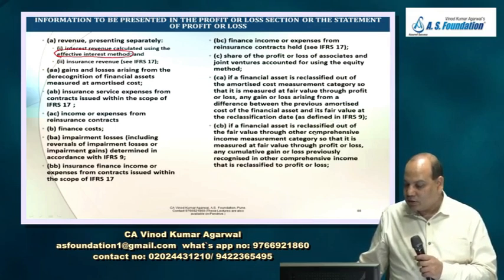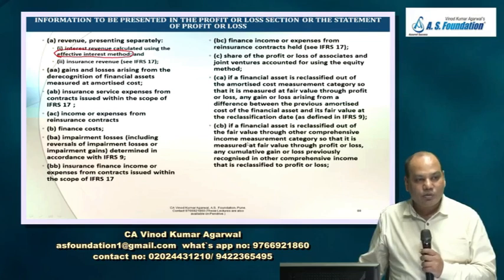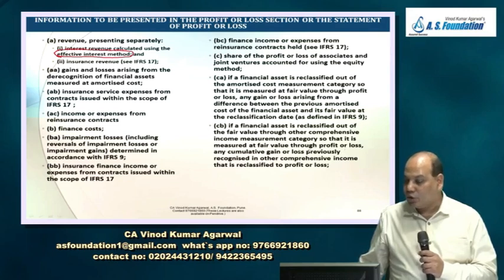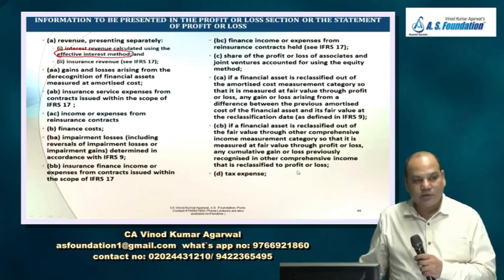If a financial asset is reclassified out of FVT OCI, there is a category called FVT OCI, so that it is measured at FVTPL, any cumulative gain or loss previously recognized in OCI that is reclassified to profit or loss will come in the section 1, profit or loss section.